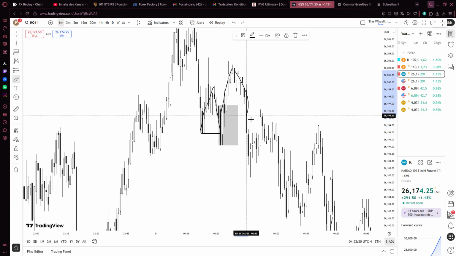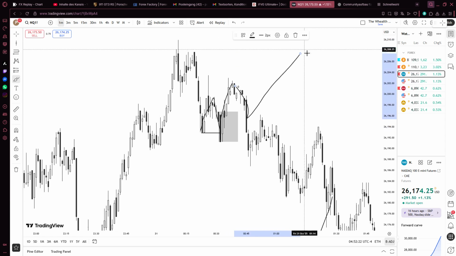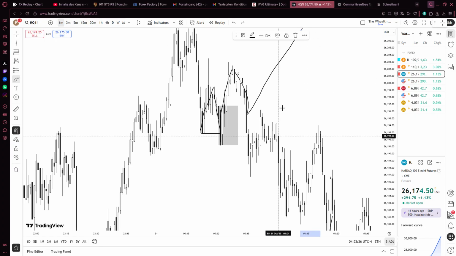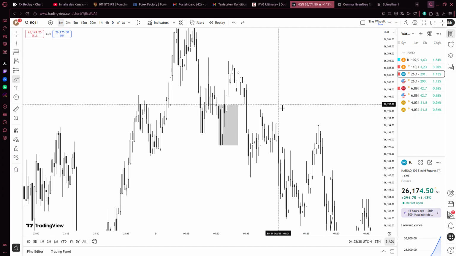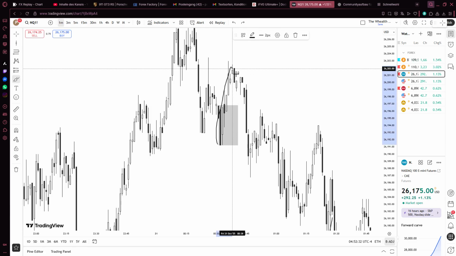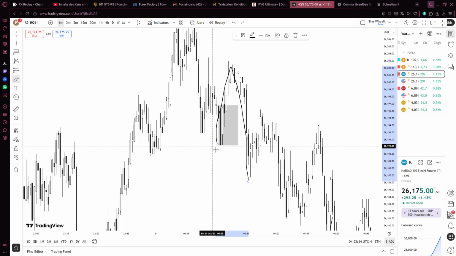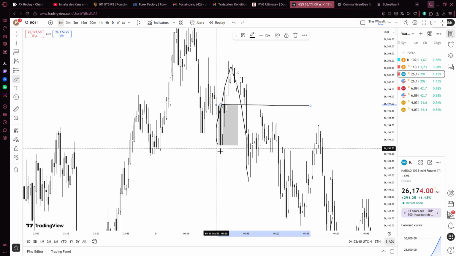Then we came back down, and now we should go higher after what I taught you. Nope, we're not gonna get this. We come up, we inverse this order block. Now it becomes a breaker block. And as you can see, price taps back into this breaker block with this fair value gap.